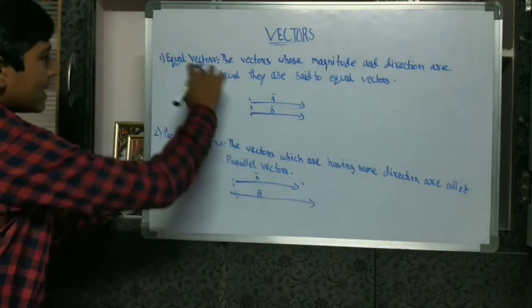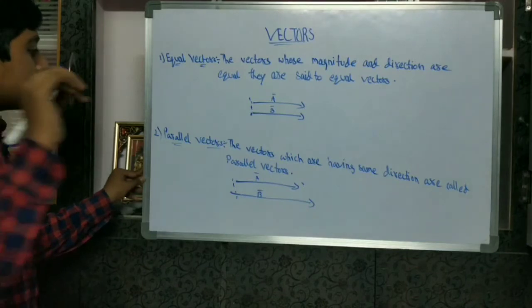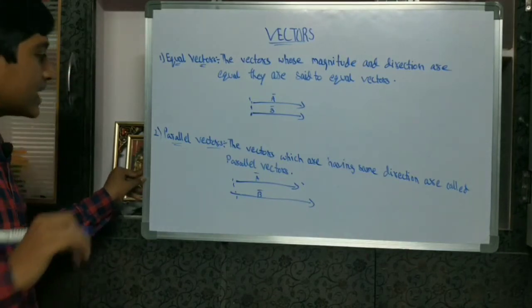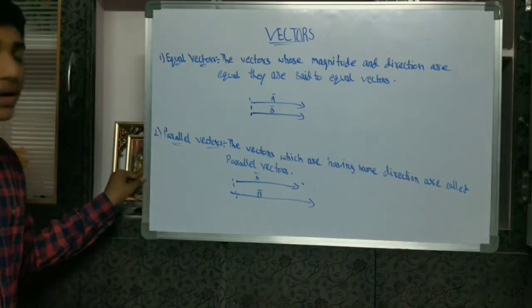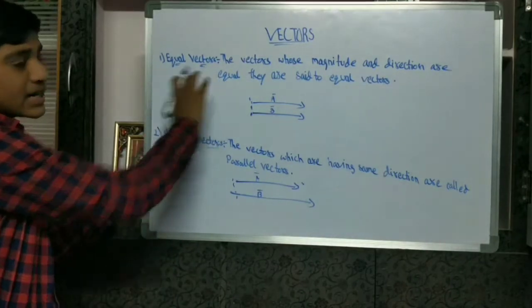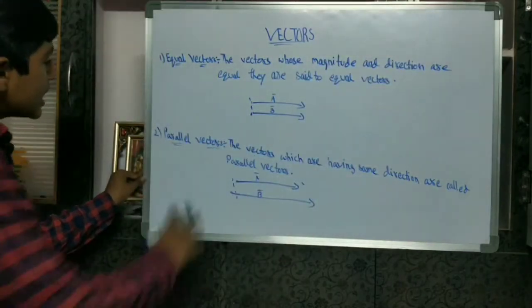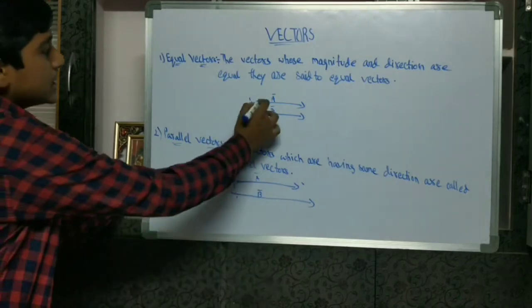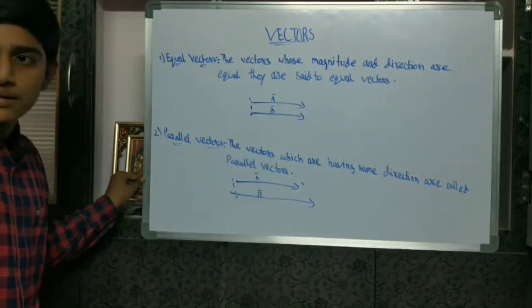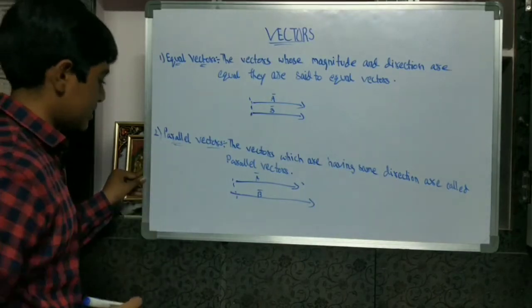By seeing both equal vectors and parallel vectors, you need to get one point: all equal vectors are parallel vectors. Because equal vectors have the same magnitude and direction, while parallel vectors need only the same direction.